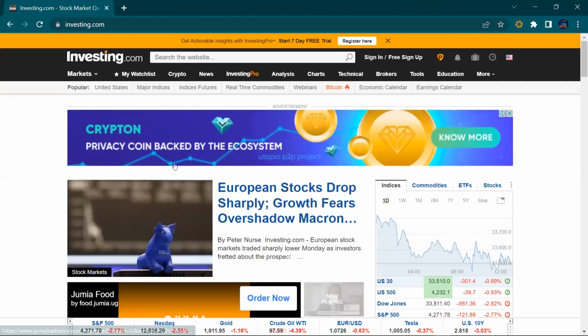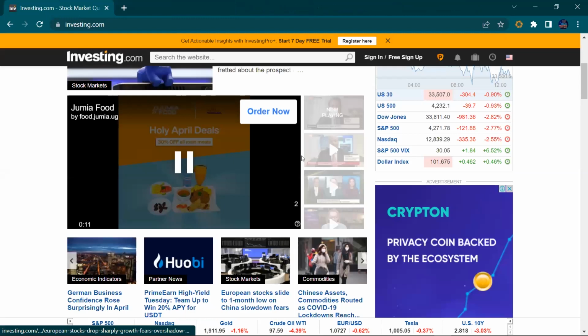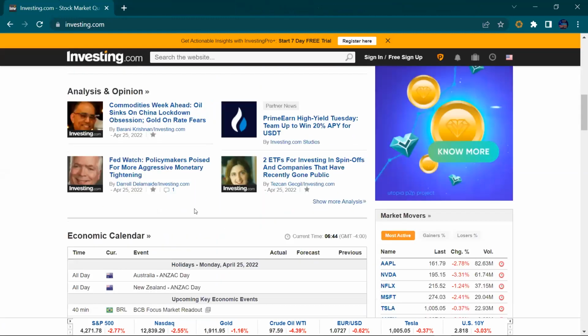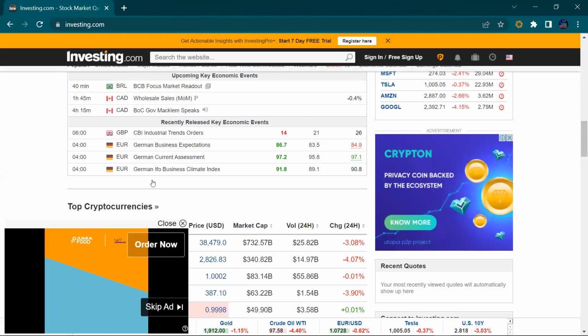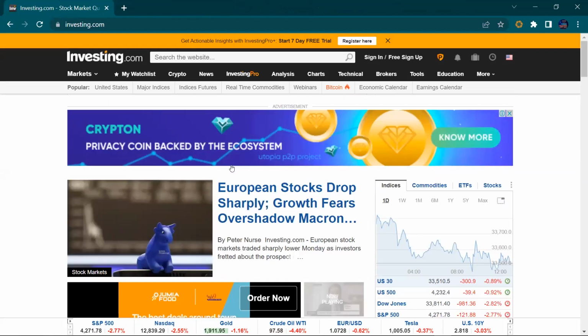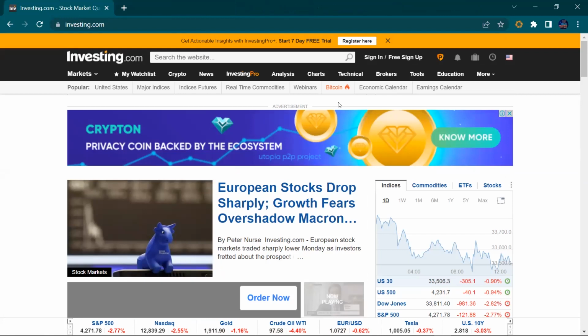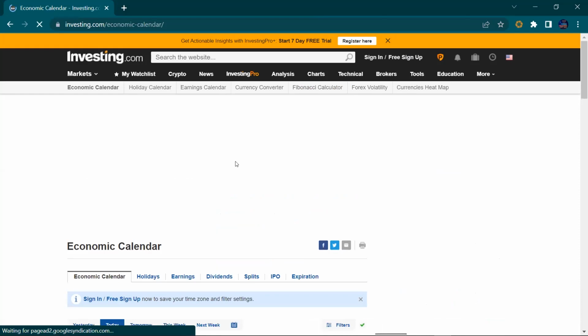What we are going to do here is look for what we call the economic calendar. We want to see the news, okay, which currency pair has the news. How does news help you as a trader? This news helps you not to lose money. And when there are long candles, it also helps you predict those strong moves in the market.